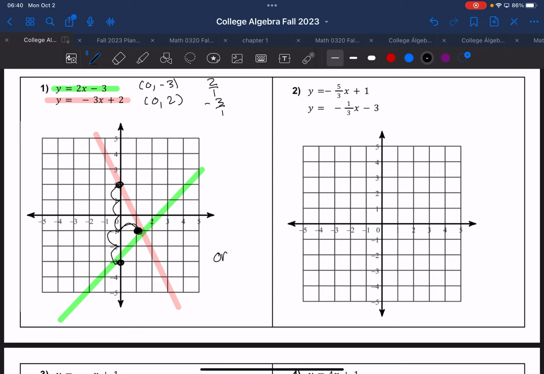One solution at what point? We're looking right here where they cross. What point is that? -1, -1. So that's our answer. When we have one solution, your answer is always the solution, the point. You couldn't just write one solution and then go to the next problem. I have to know the point.